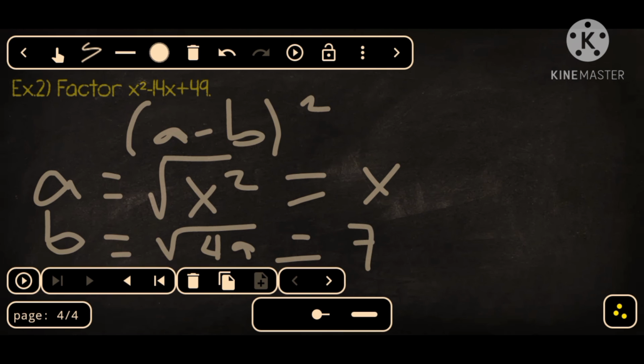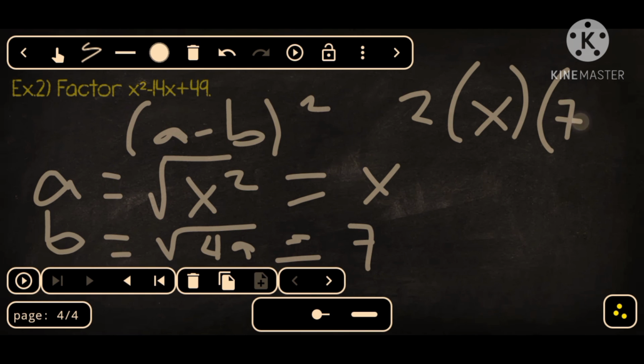Okay. Then for the middle term, let us multiply x times 7, then multiplied by 2, or twice the product of the first term and the third term, or a and b. Okay, so 2 times x is 2x, then times 7 is 14x.